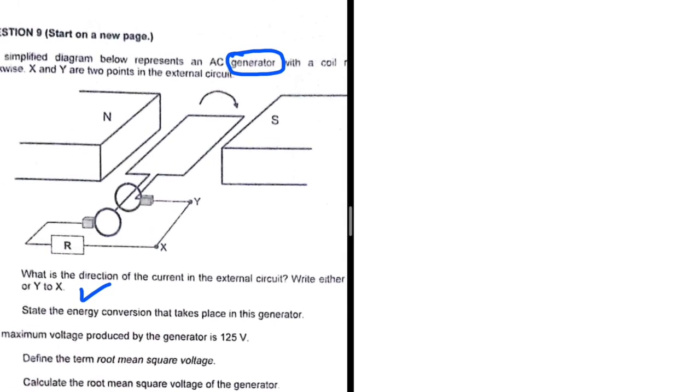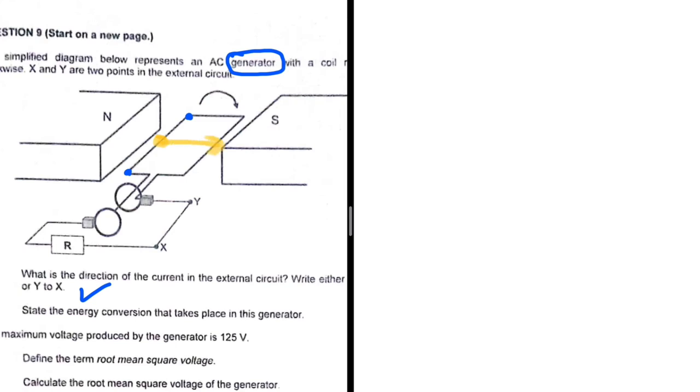So let's take a look. We are placing our hand right here on this part of our coil. So it's your right hand. Your thumb, your index, and your middle finger are at right angles to each other. And then with your index finger, you point from north to south.